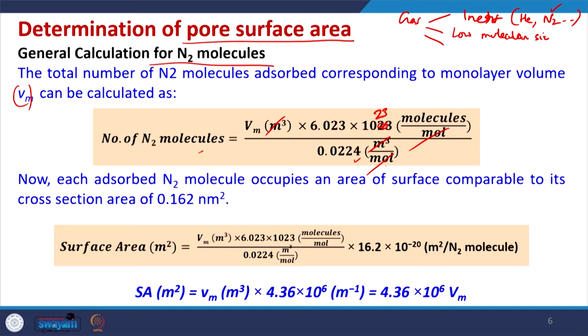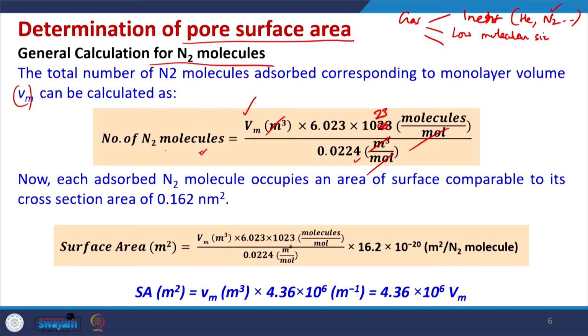So, we can determine the number of N2 molecules which have been adsorbed if we know the Vm. This Vm can be determined from the BET equation, and once Vm is known, we can determine the number of N2 molecules which have been adsorbed on the adsorbent surface.